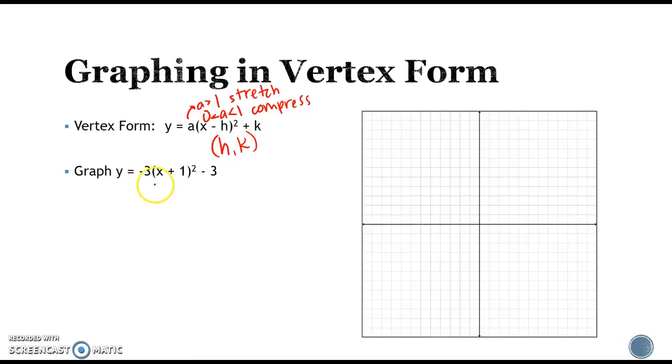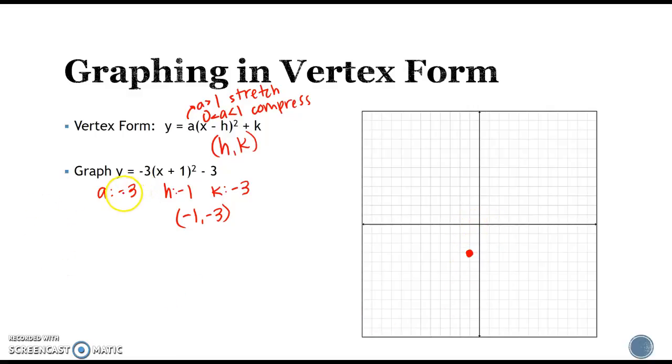So I'm going to graph negative 3 times x plus 1 squared minus 3. So my h is negative 1, my k is negative 3, and my a is negative 3. So my vertex is at negative 1, negative 3. So I can go on my graph, negative 1, negative 3, put a point.